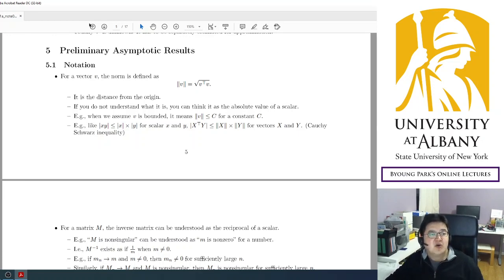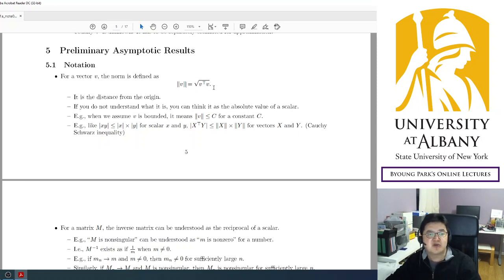Okay, first, what you need to understand is the norm. The two vertical bars stand for the norm. You can interpret this as a generalization of the absolute value. When v is a scalar, it equals the absolute value. But when v is a vector, the norm becomes this form.